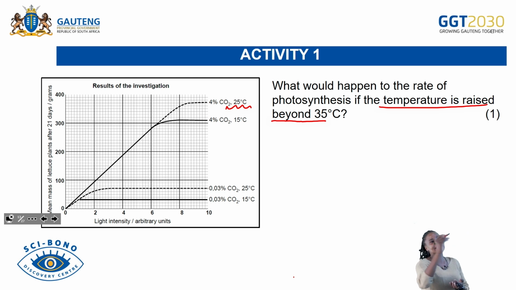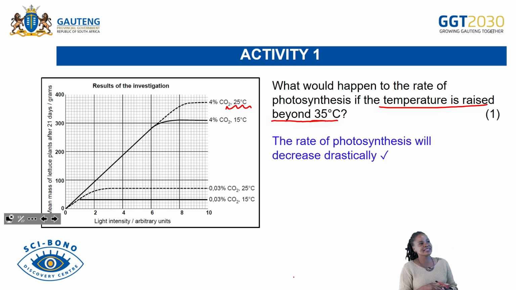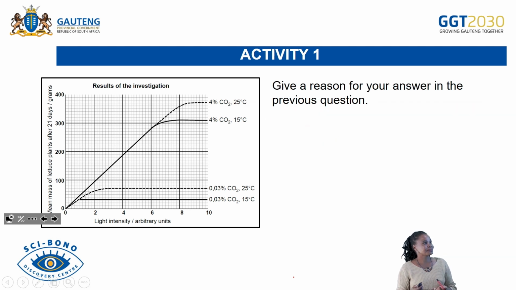When the temperature is higher than the optimum, remember now it's 35 degrees Celsius, it will make the enzymes become denatured. So that's why the rate of photosynthesis will stop or will never happen again. So the answer is that the rate of photosynthesis will decrease drastically because of the high temperatures.